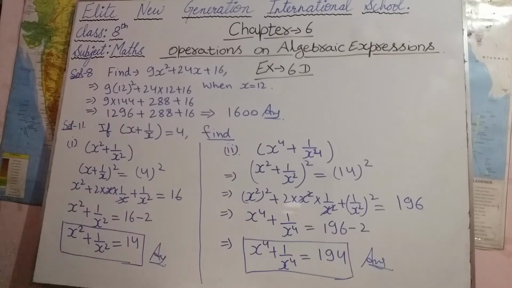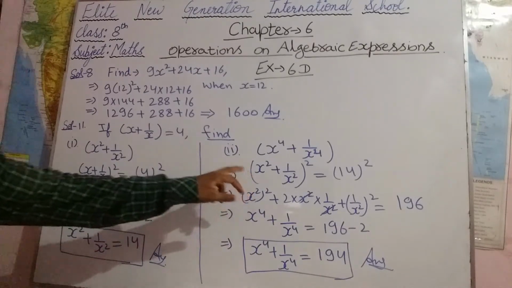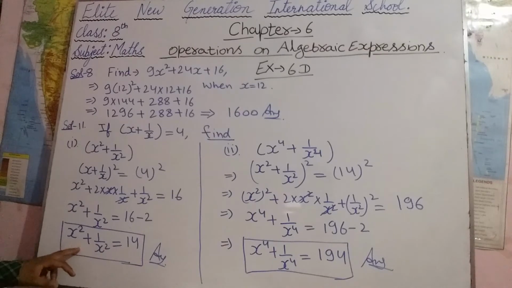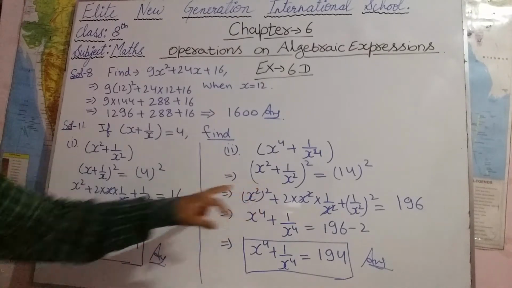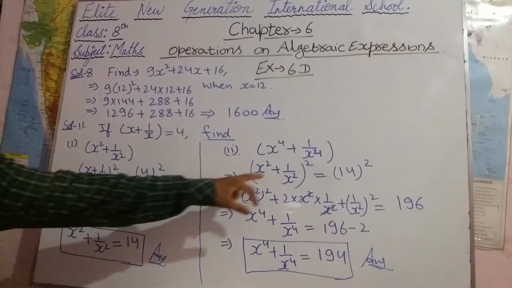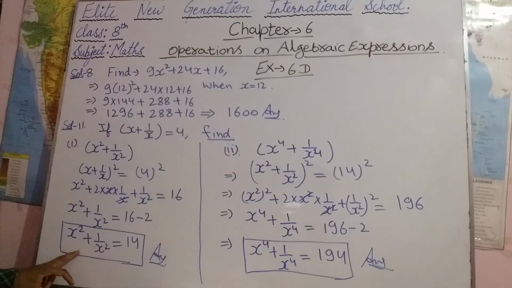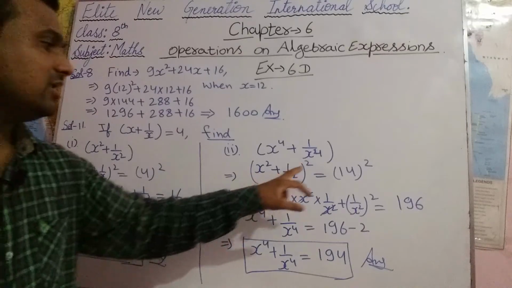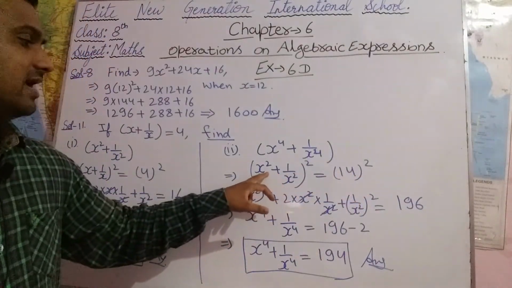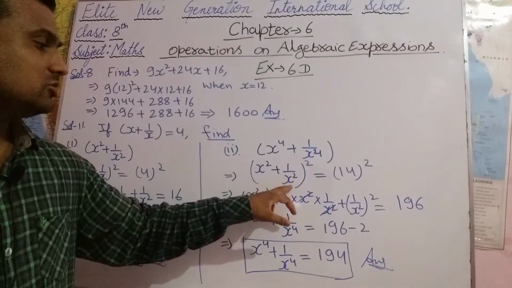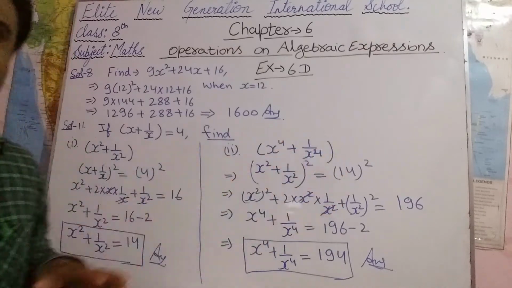Now in the second part we have to find x power 4 plus 1/x power 4. So here first of all see this answer, x square plus 1/x square equals 14. So we will do squaring both sides. By squaring both sides it will become (x square plus 1/x square) whole square equals 14 square.